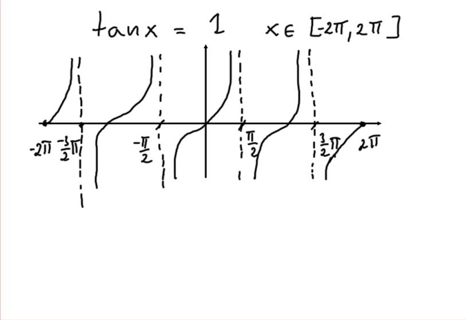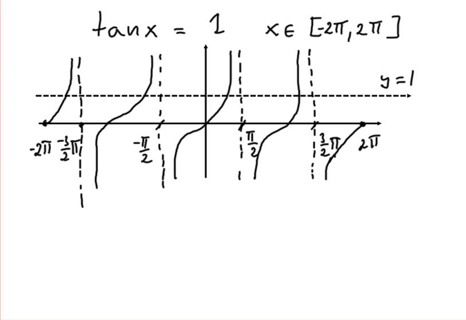So tangent x in our case is 1, so we're looking for the solution to that equation. So once again, let me work with a horizontal line. The equation of that line must be y = 1.